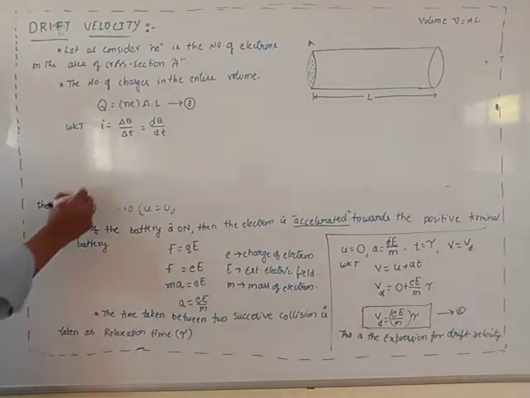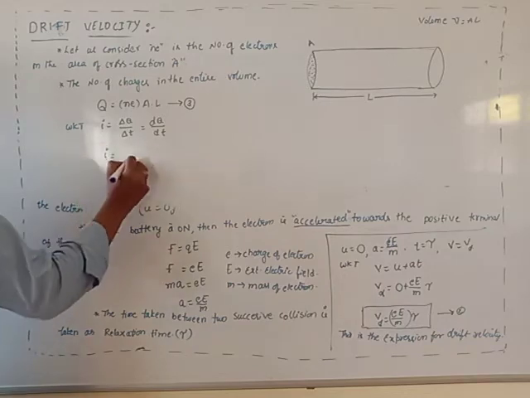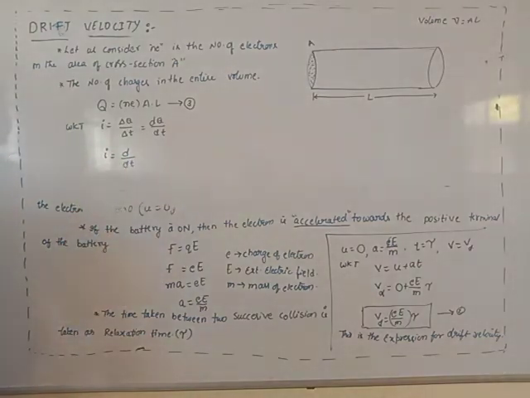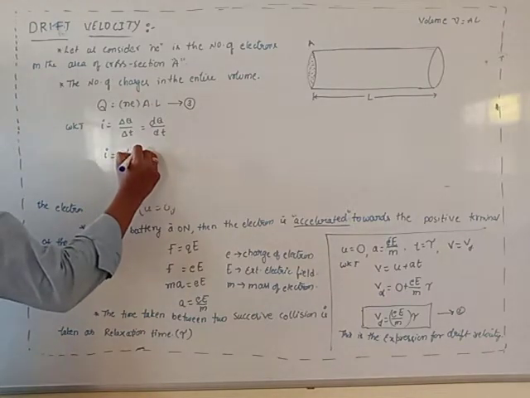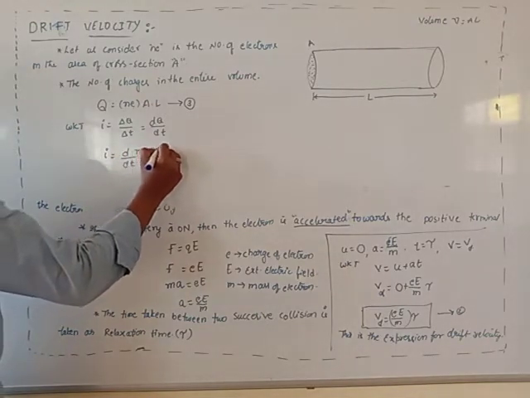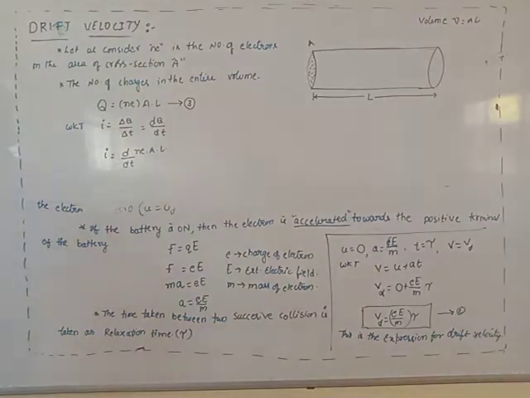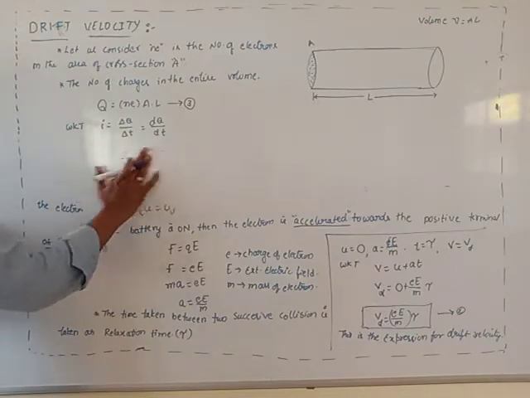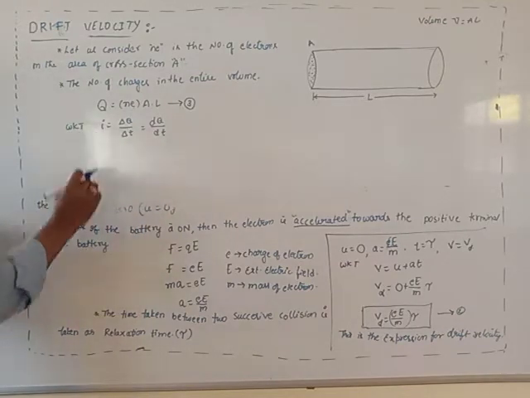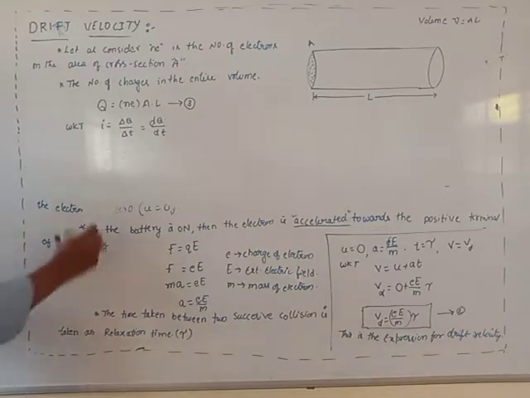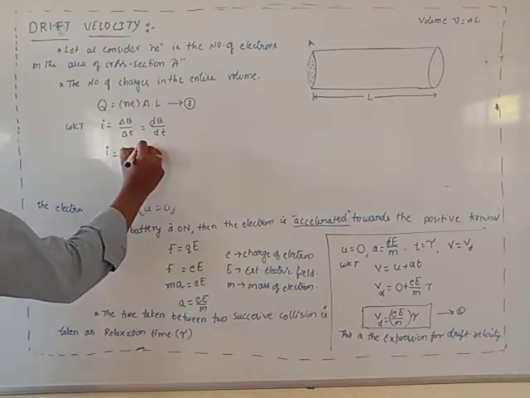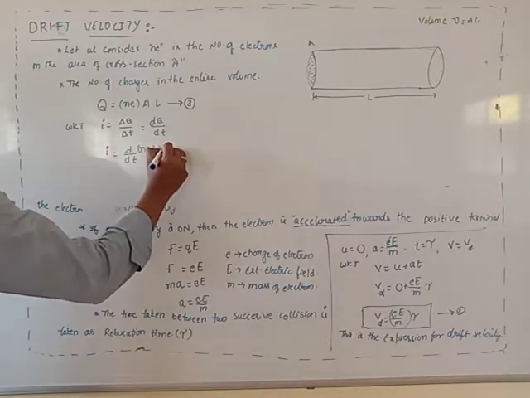Now current I is equal to d by dt of Q, and Q can be taken as NeA into L. So from this you can take dq is equal to I into dt. So I is equal to d by dt of NeAL.